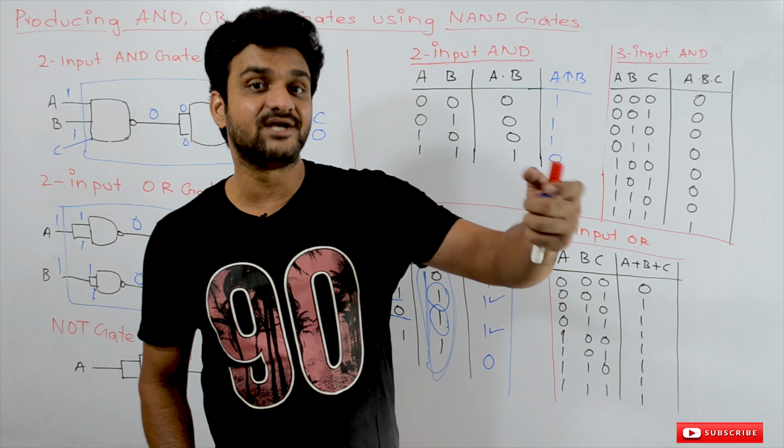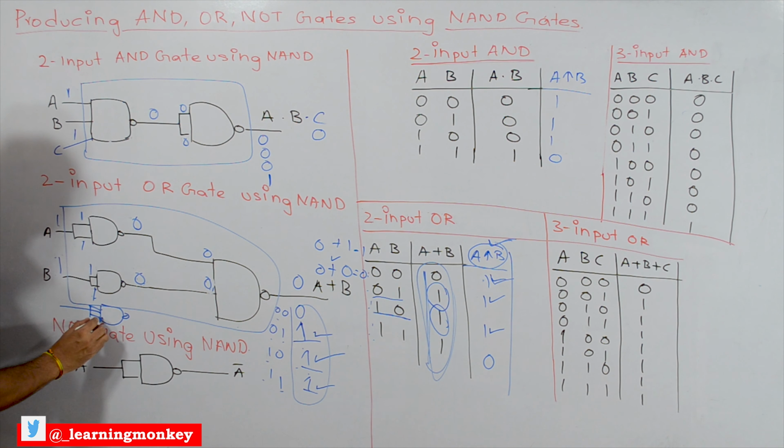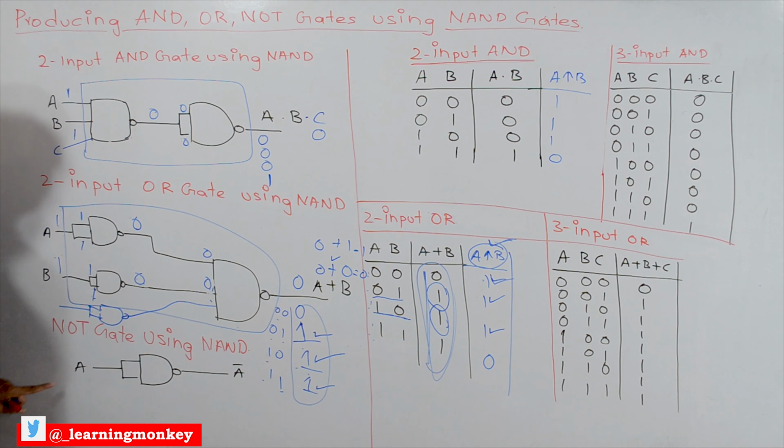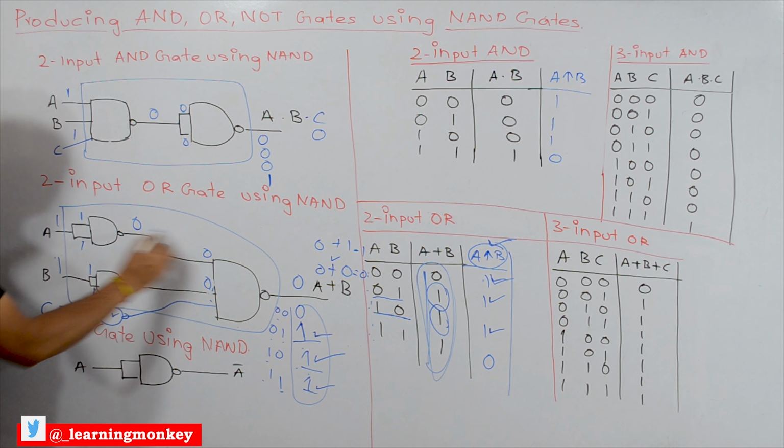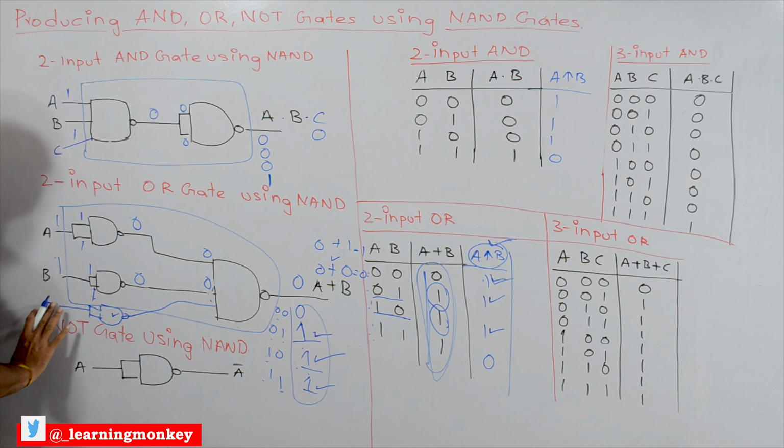If you want to create a 3-input OR gate, how to do that is just add one more input here, and this will get connected to this NAND gate. So with this we can create a 3-input OR gate using the NAND gates. This is also a NAND gate.